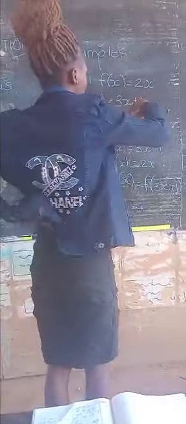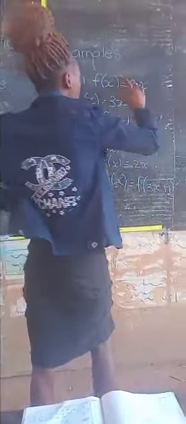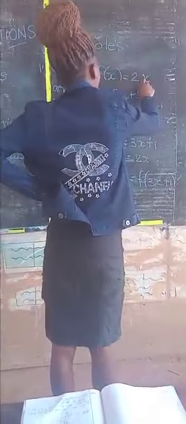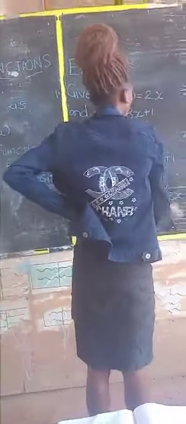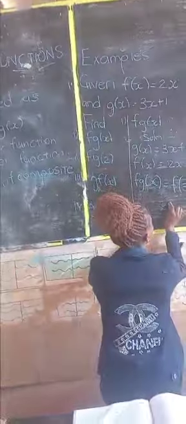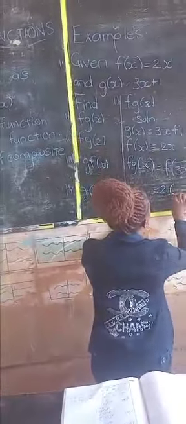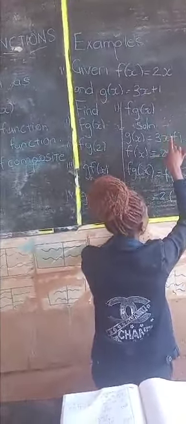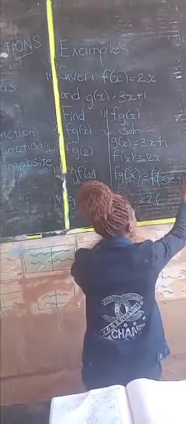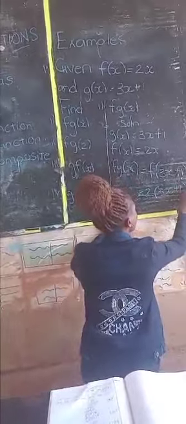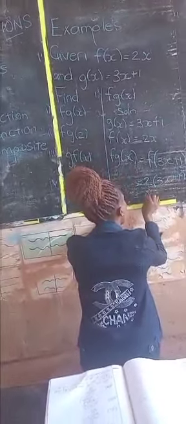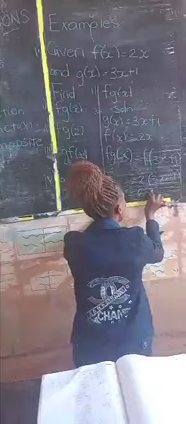Where there has been x, we have replaced it with 3x plus 1. So we put 2 into the bracket, substituting 3x plus 1. If we open our brackets, it's going to be 6x plus 2.